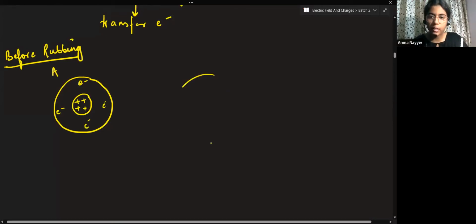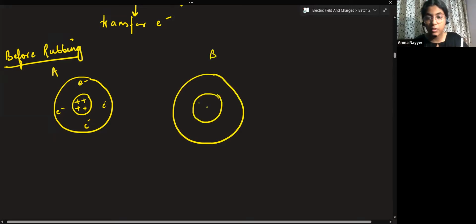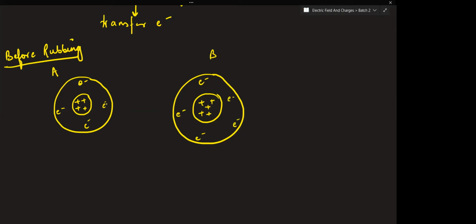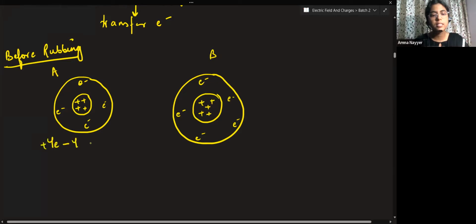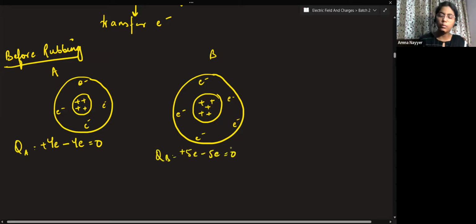This is a body B. It has 5 unit positive charge and again 5 unit negative charge. Out of A and B, which is positively charged and which is negatively charged? Both are neutral, since plus 4e minus 4e is 0, so QA will be 0. And plus 5e minus 5e, so QB will also be 0. So both are neutral objects.